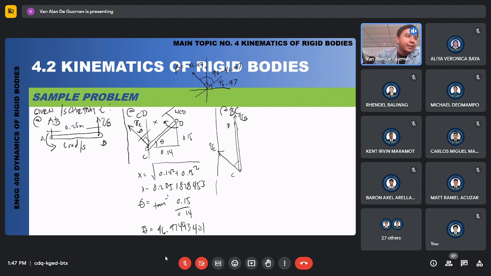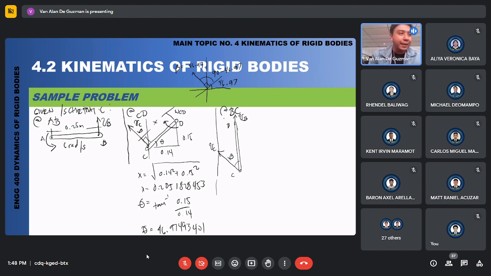If this right here is 90 degrees and from the vertical it is 90 minus 46.97, then the remaining angle is again 46.97, because it is 90 degrees. Did we get that? Are we okay with that part? Okay, very good. So this one right here is beta. So we know that angle.